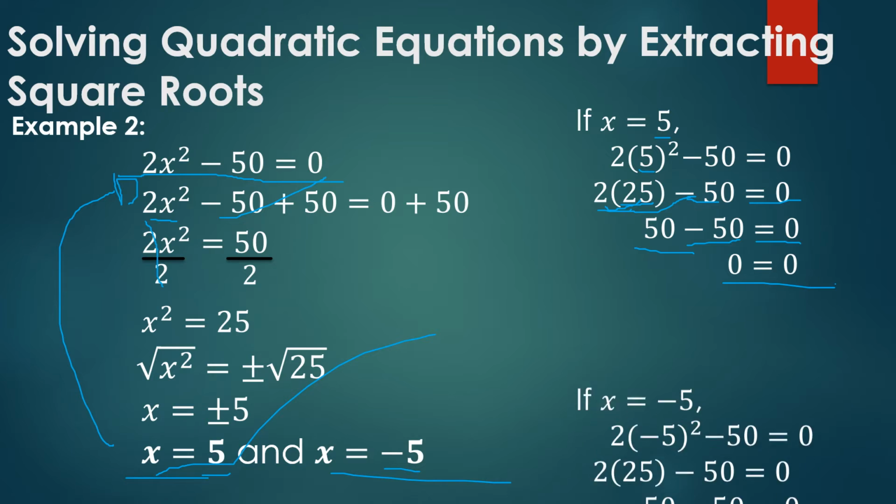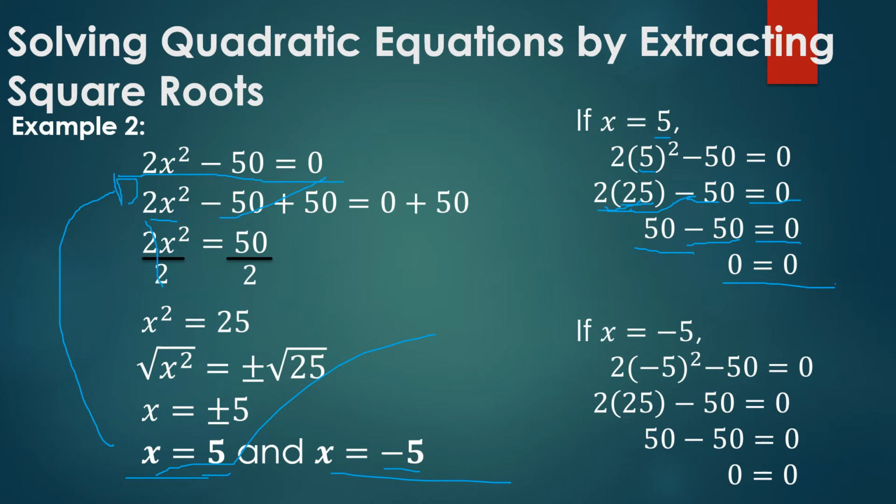And then, what if x is equal to negative 5? By substitution, we are going to substitute negative 5 into our equation. So we have 2 multiplied by negative 5 quantity square minus 50 equal kaya yan sa 0.